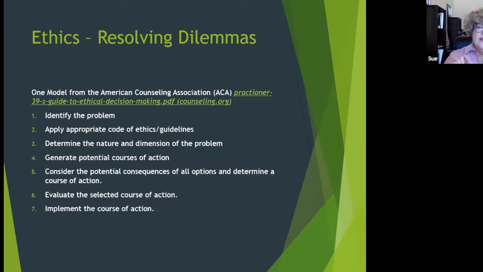The one thing I would like to say about a decision-making model is that the first step is always identifying the problem.